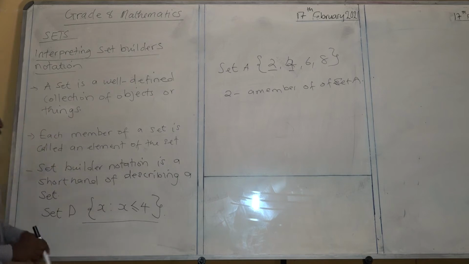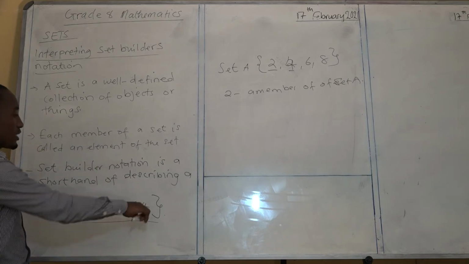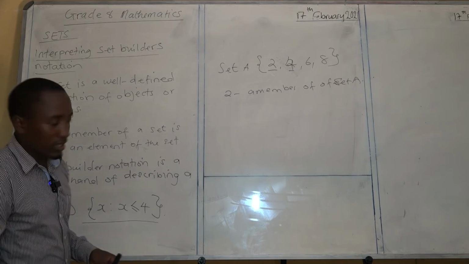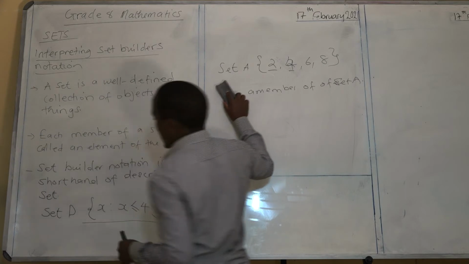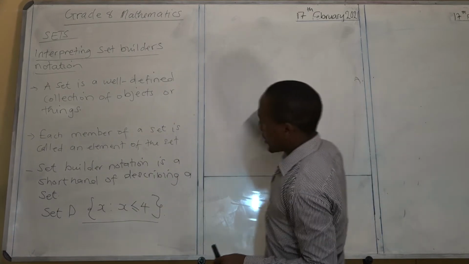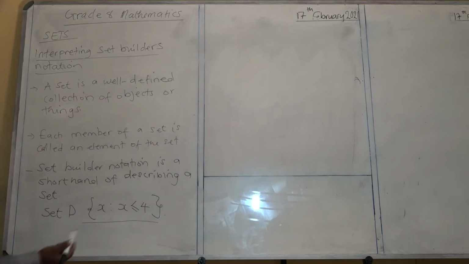We are describing what is in a set by just using a shorthand, describing what is inside our set D. Instead of listing all the numbers which are less than or equal to 4, we can just use a shorthand as I've done here. We are saying x is such that x is less than or equal to 4.